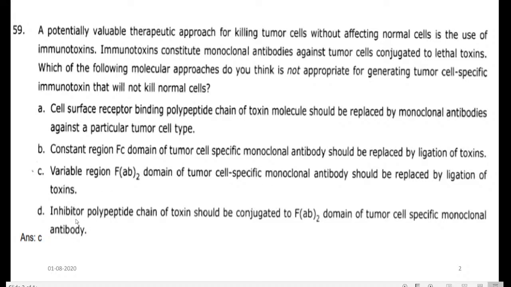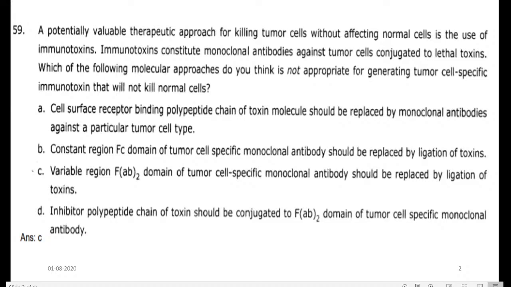Then the third statement: the variable region, that is the FAB domain, of the tumor cell specific monoclonal antibody should be replaced by the ligation of toxins. So here they have given the variable region FAB. Whenever you are studying the concept of monoclonal antibody production, it is not acceptable to change the variable regions.